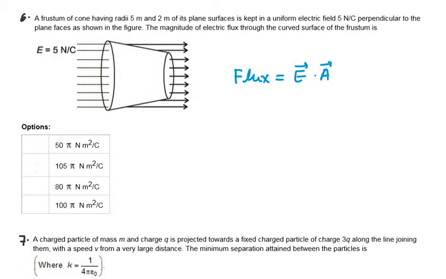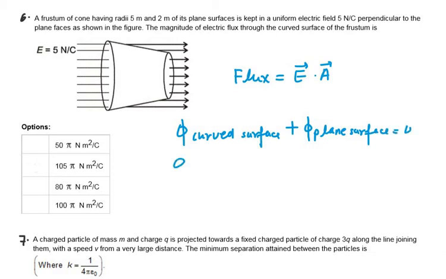Why 0? Because if I take phi of curved surface plus phi of plane surface here, it equals 0. Now in this case phi curved is not known to us. What is known to us is phi plane faces. So here it says E dot A. So that means we have circle here.